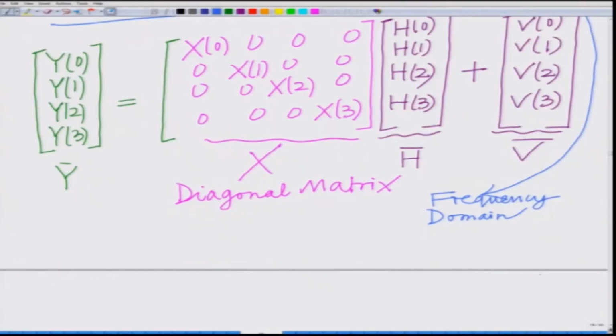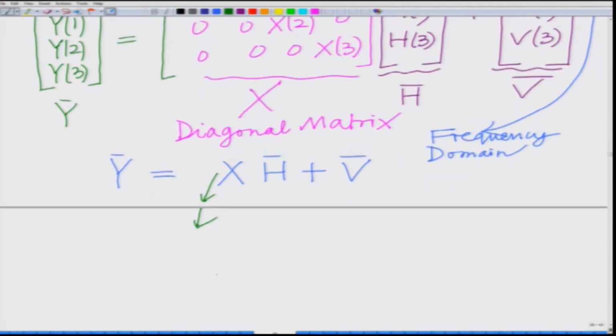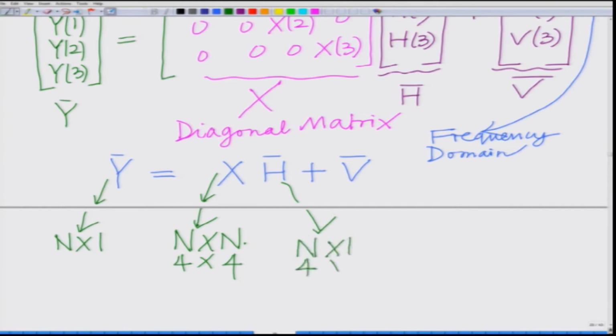And now we have converted it into this matrix model where Y bar equals X times H bar plus V bar, where X is an n cross n, in this case 4 cross 4, diagonal matrix. Y bar is an n cross 1 vector. H bar is your n cross 1, that is again 4 cross 1 coefficient vector, and V bar is your n cross 1 or 4 cross 1 noise vector.